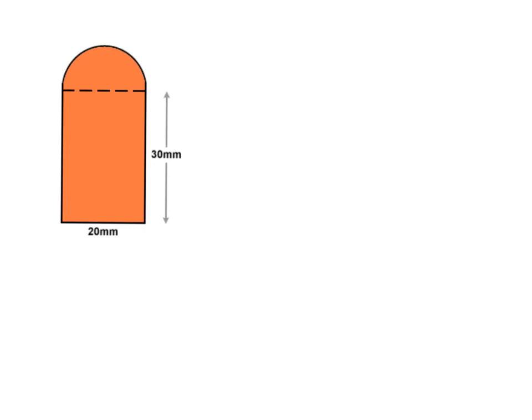So it's easier to use the formula pi d. However, we have to keep in mind that we're working with a semicircle here. And a semicircle is half of a circle. How do we find half of anything? We divide by 2. So we're going to do that first. I'm just going to get rid of some of that writing. We're going to do C equals pi d divided by 2.